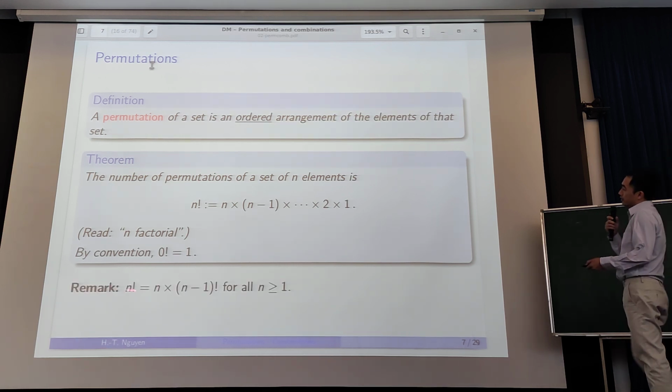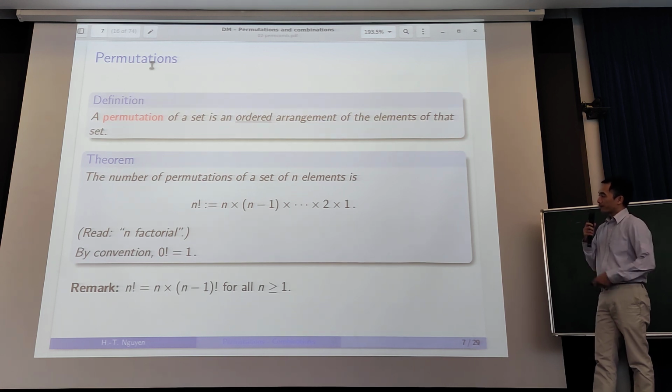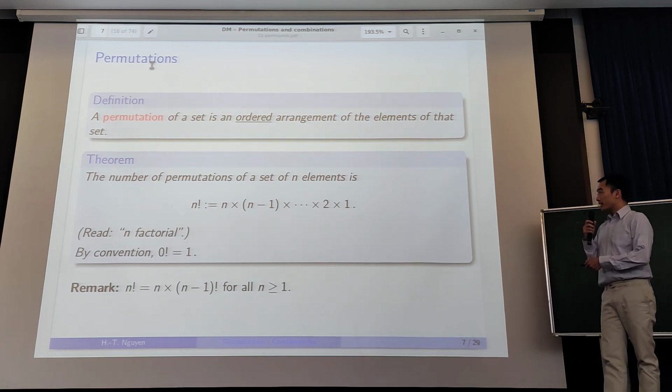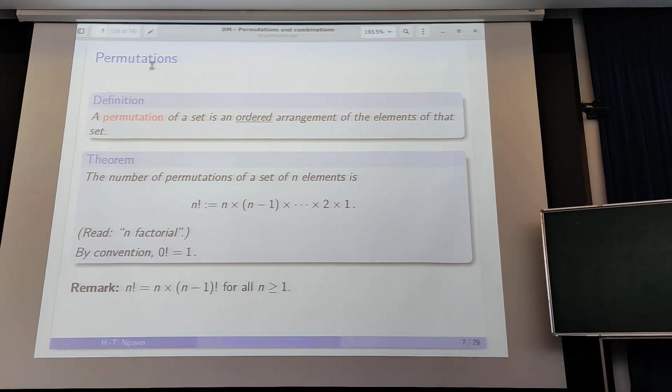So here you can see directly the reason for the convention that we adopt here. So if we set 0 factorial as 1, then this formula will hold for every n from 1. Okay?